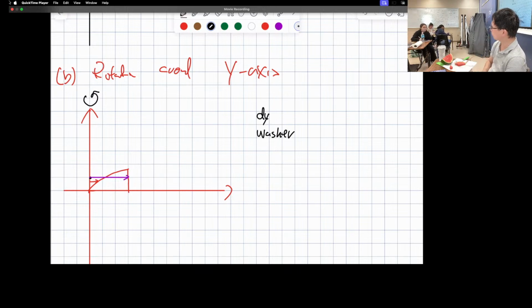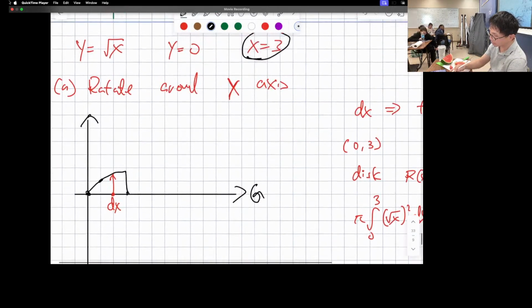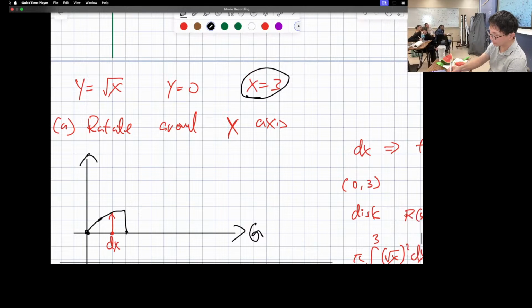And from what boundary to what boundary? Be careful. From what boundary to what boundary? 0 to what? 0 to root 3. Why is it root 3? Because you want to make sure that this is equal to this, right?